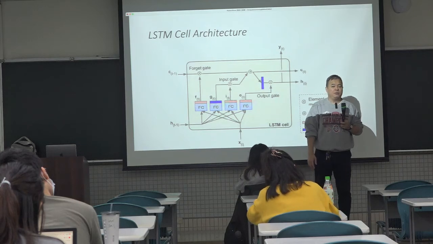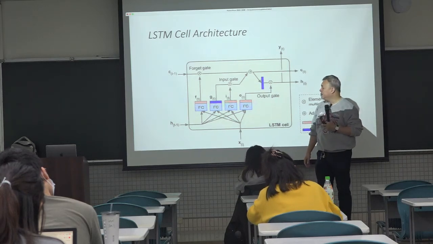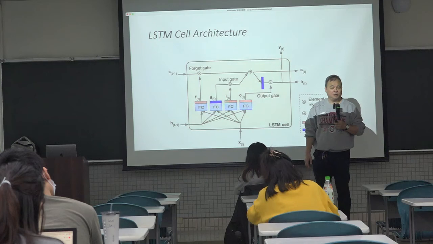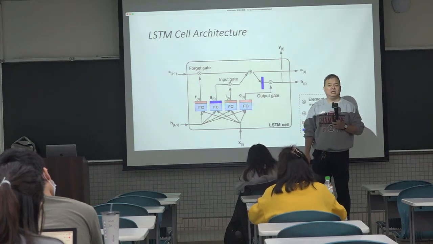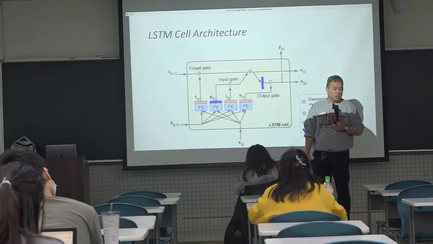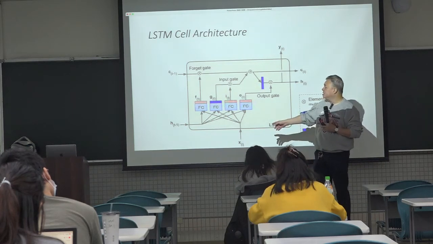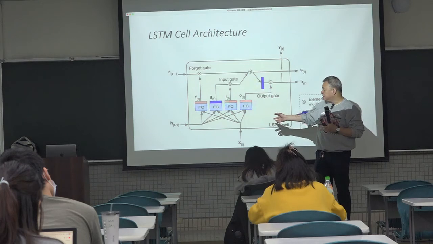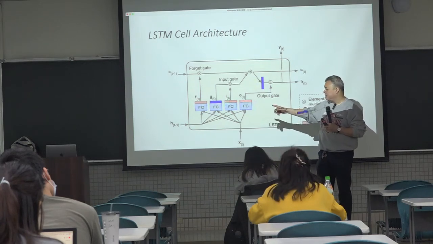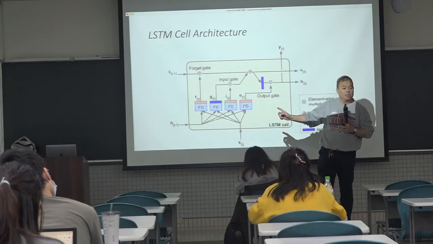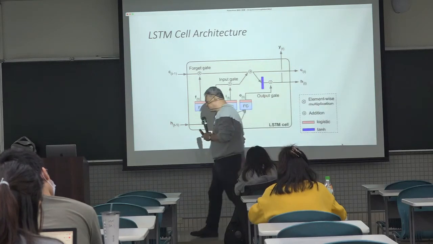So when you create an LSTM RNN, it is a network of networks, because each LSTM cell contains multiple networks.